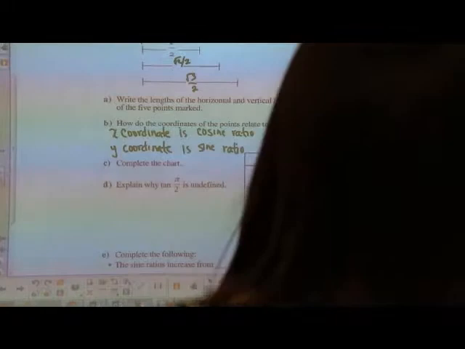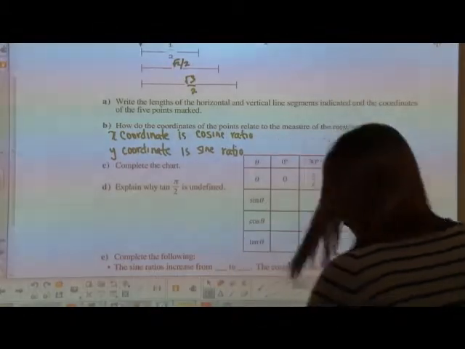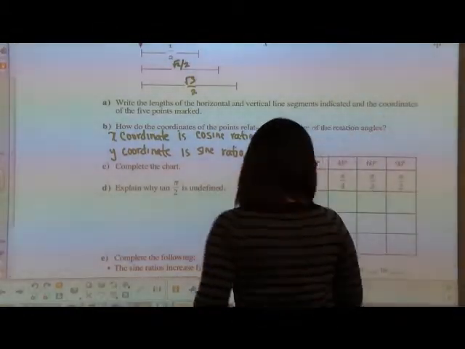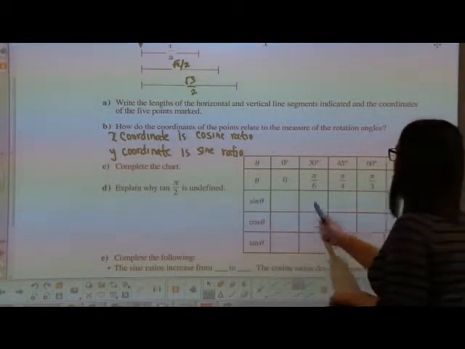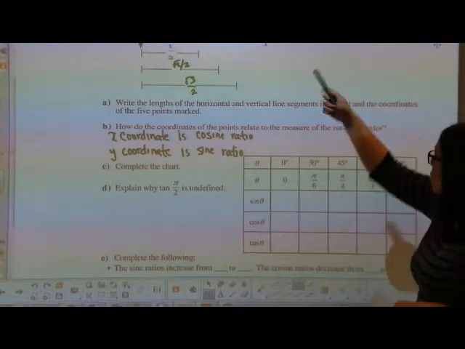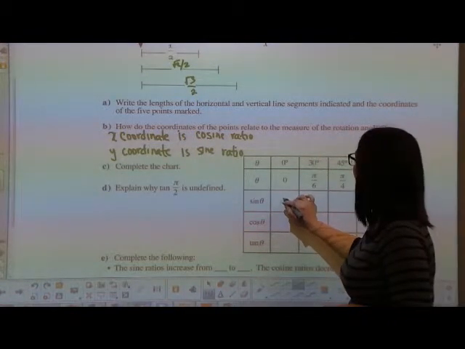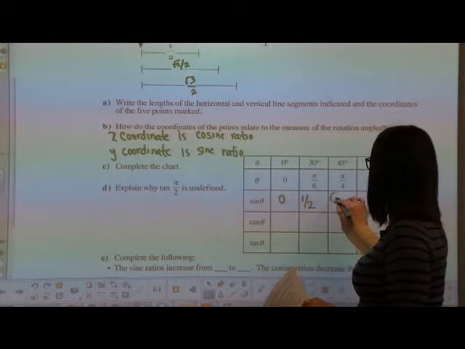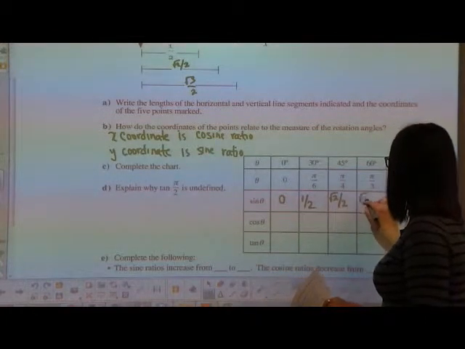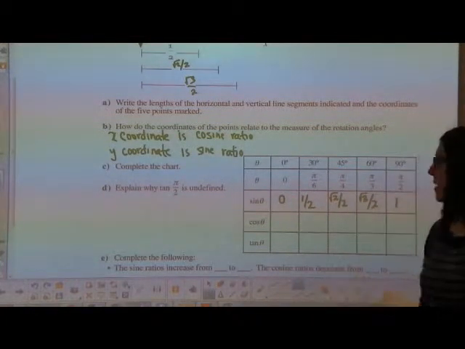So if I look at these values, and I look at my points above, the sine ratio, or sine theta, is the y-coordinates as I go around in the circle, which becomes 0, 1/2, root 2 over 2, root 3 over 2, and 1.